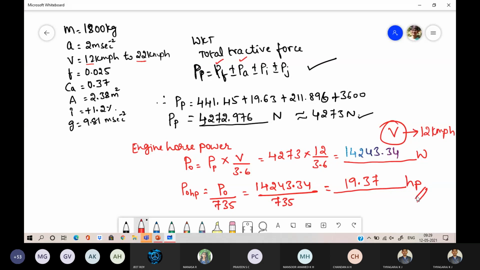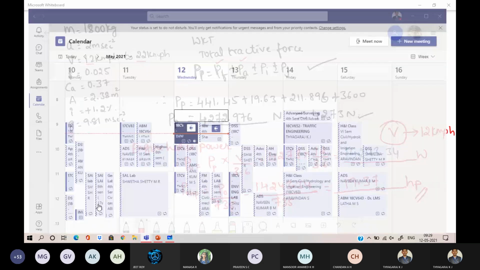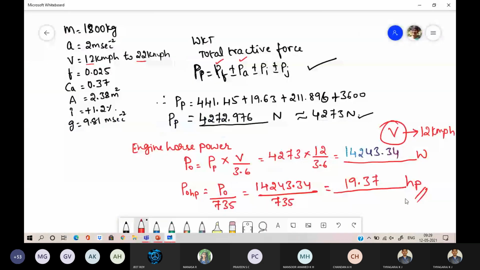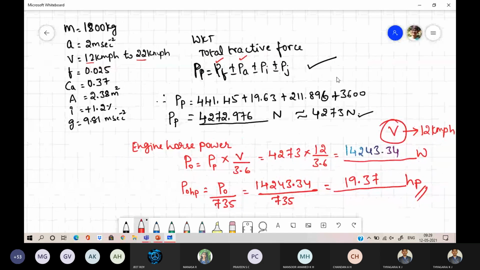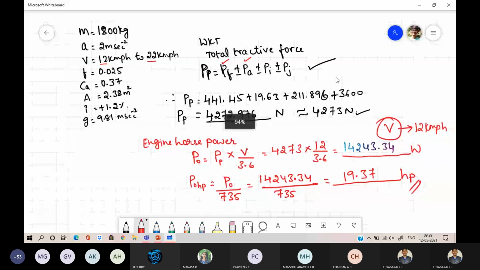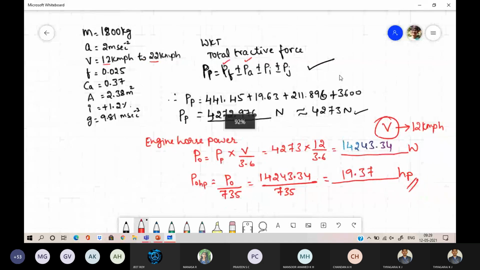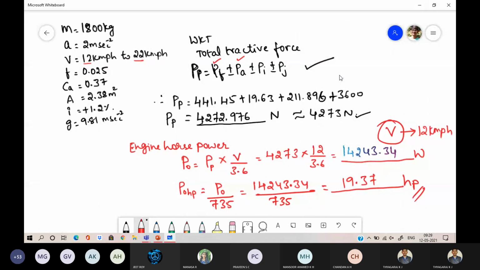Whenever they are asking you to determine the engine horsepower, you should follow this one. Okay, completed. Shall we move to the next problem? Yes, sir.